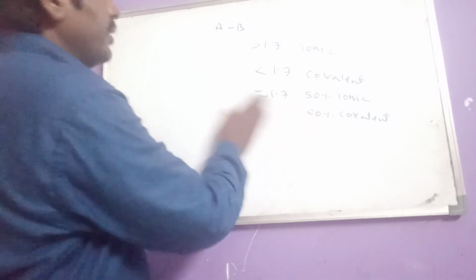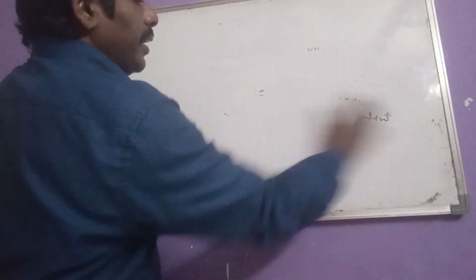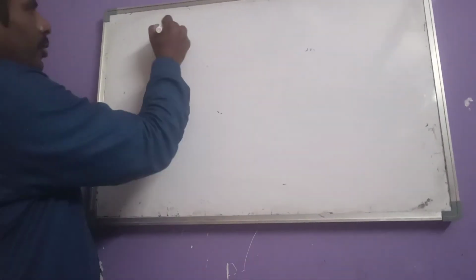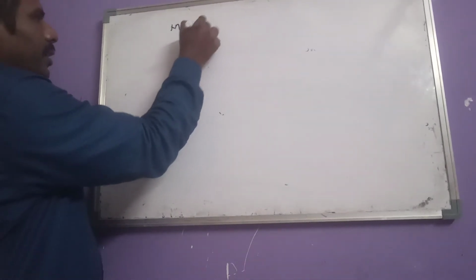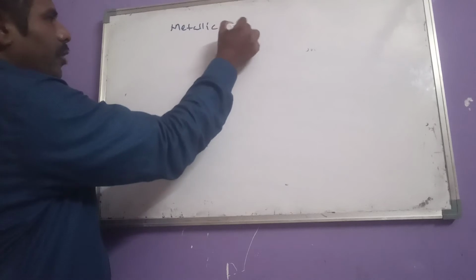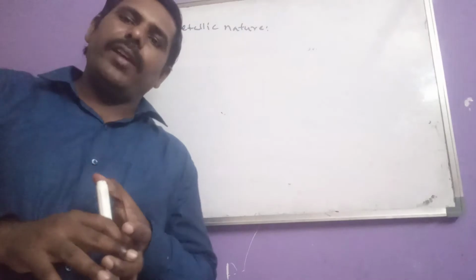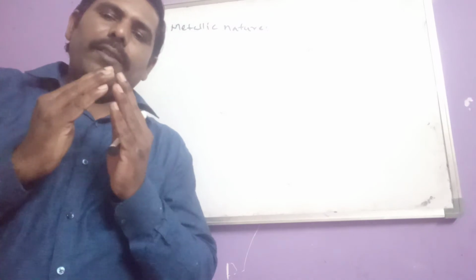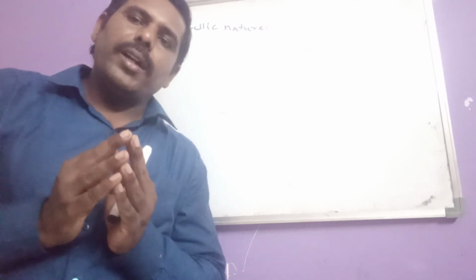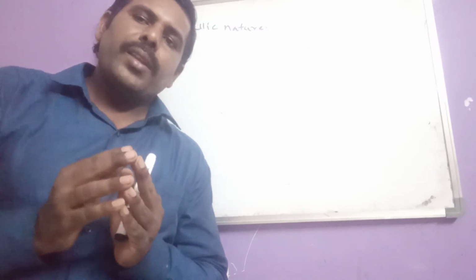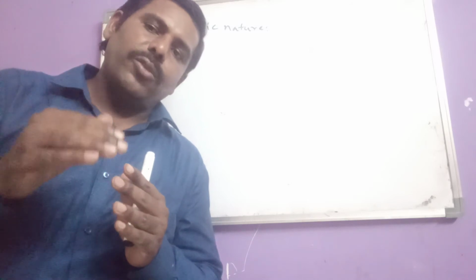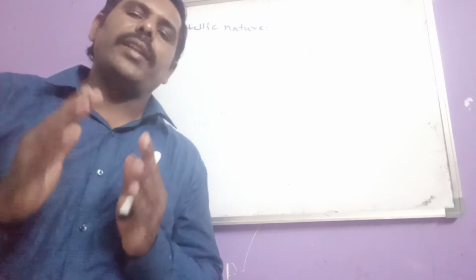Now let us see the variation of metallic nature in a group. What happens in a group from top to bottom? Just now we gave one statement: electropositivity corresponds to metallic nature.